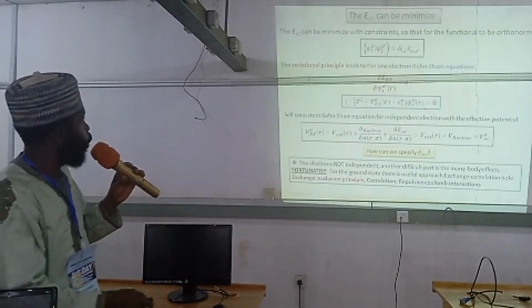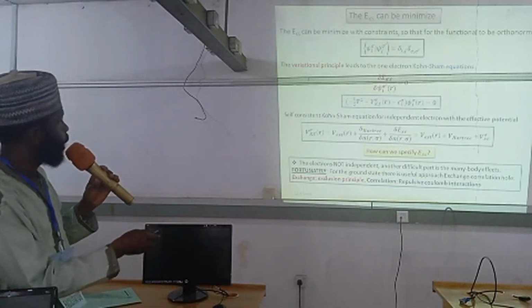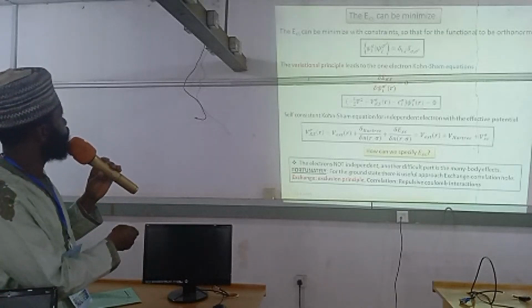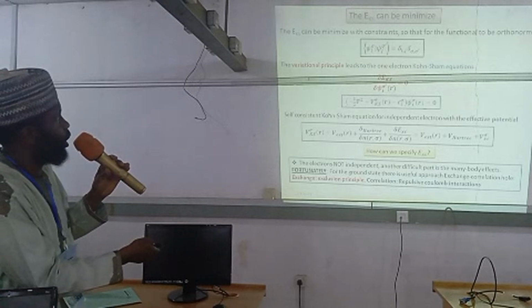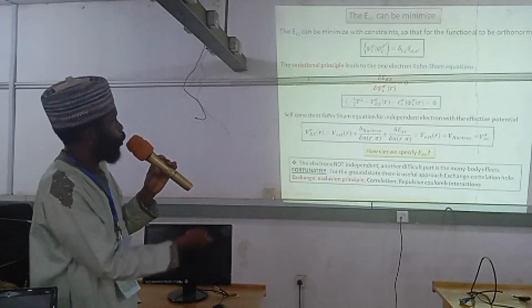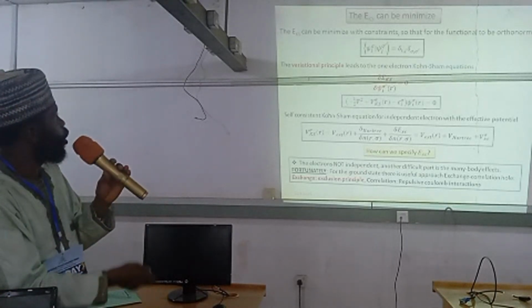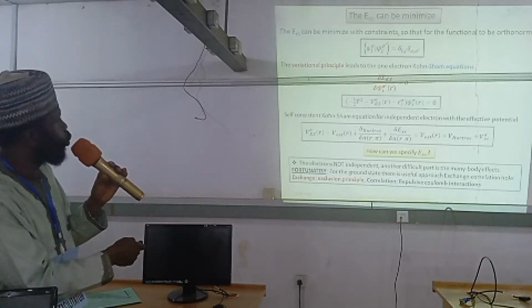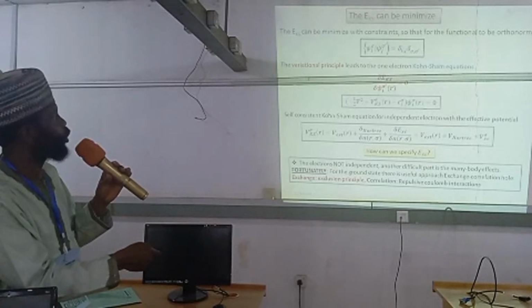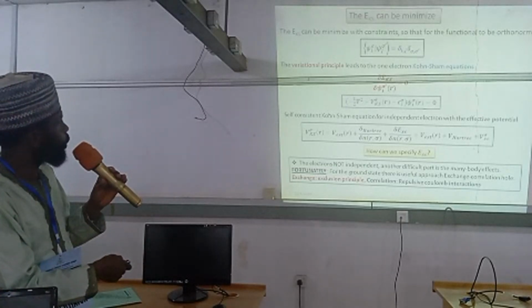Now the total energy can be minimized with the constraint that the orbitals be orthonormal. This leads via the variational principle to the one-electron equation.